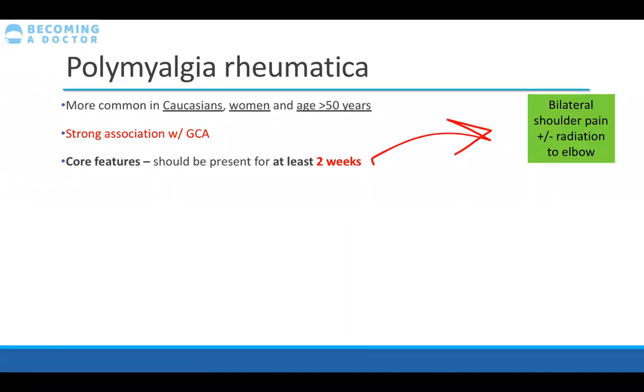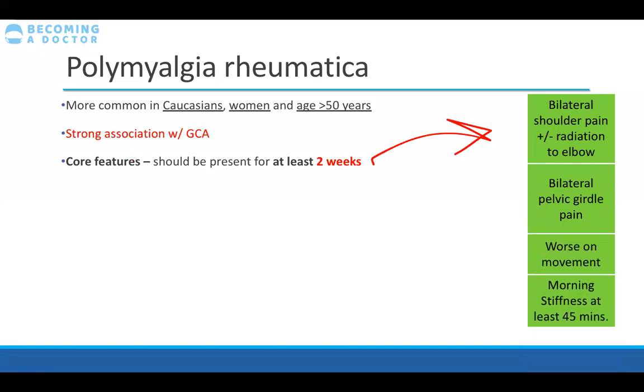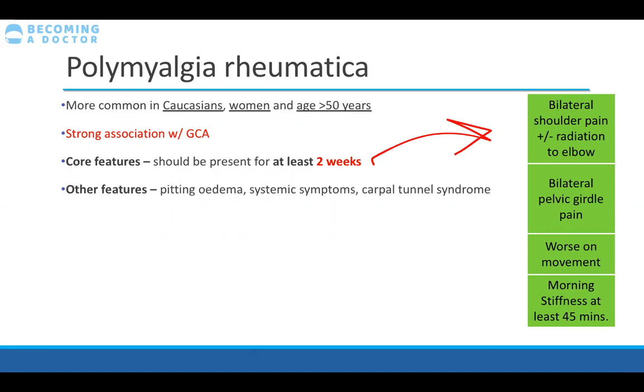So these are bilateral shoulder pain, possibly radiating down to the elbow, bilateral pelvic girdle pain, worse on movement, and morning stiffness that lasts at least 45 minutes. There can be other features, and these can be pitting edema, systemic symptoms, weight loss, loss of appetite, carpal tunnel syndrome. The other features are quite vague.